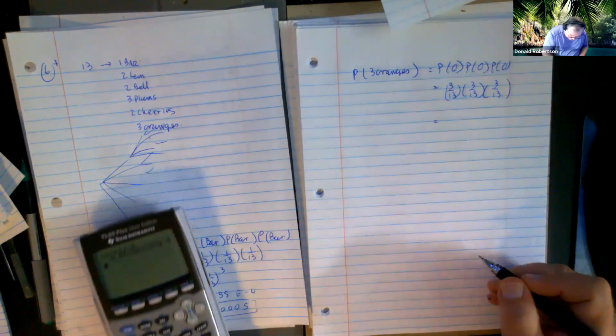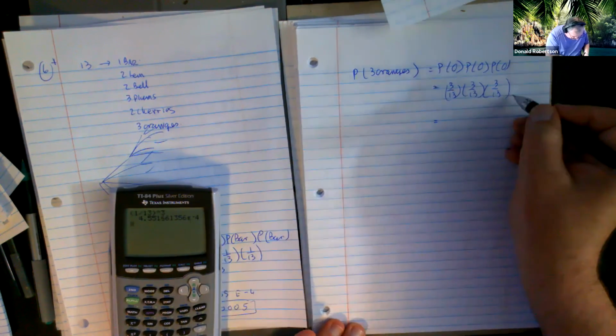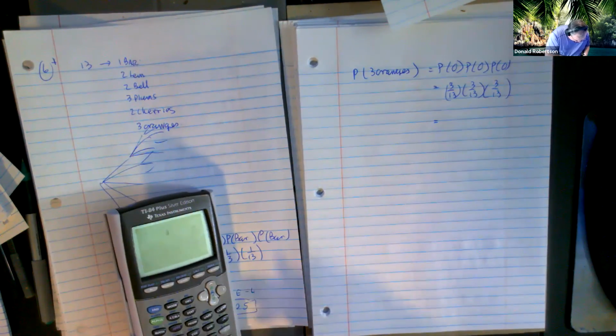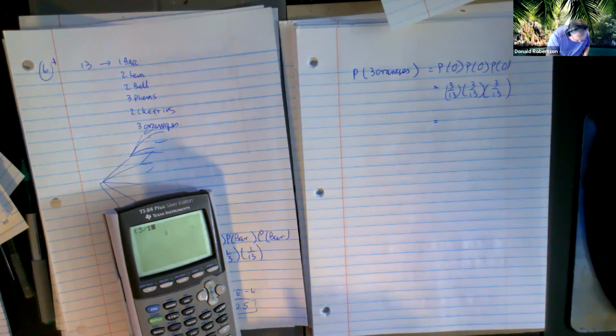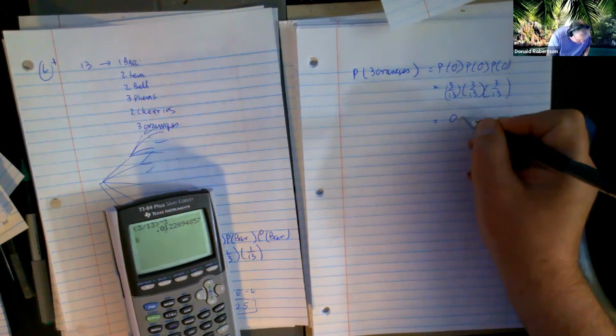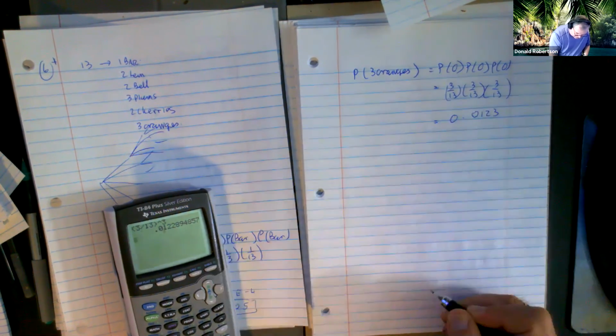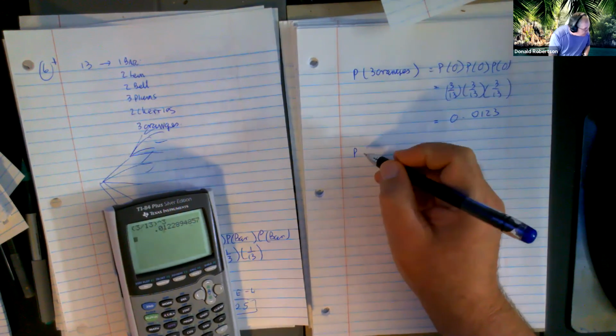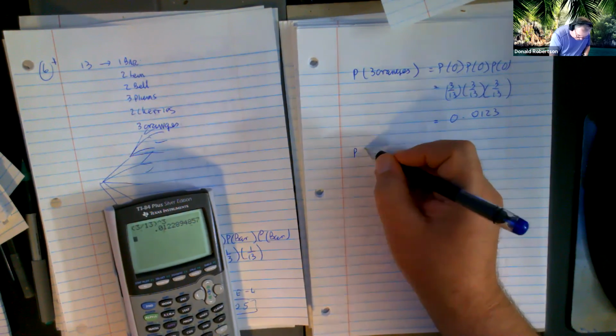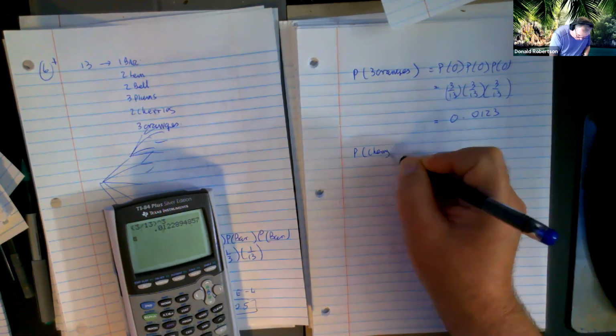In this case, you multiply them together. 3 divided by 13 raised to the power of 3, and I get a number I can actually write down, 0.0123.